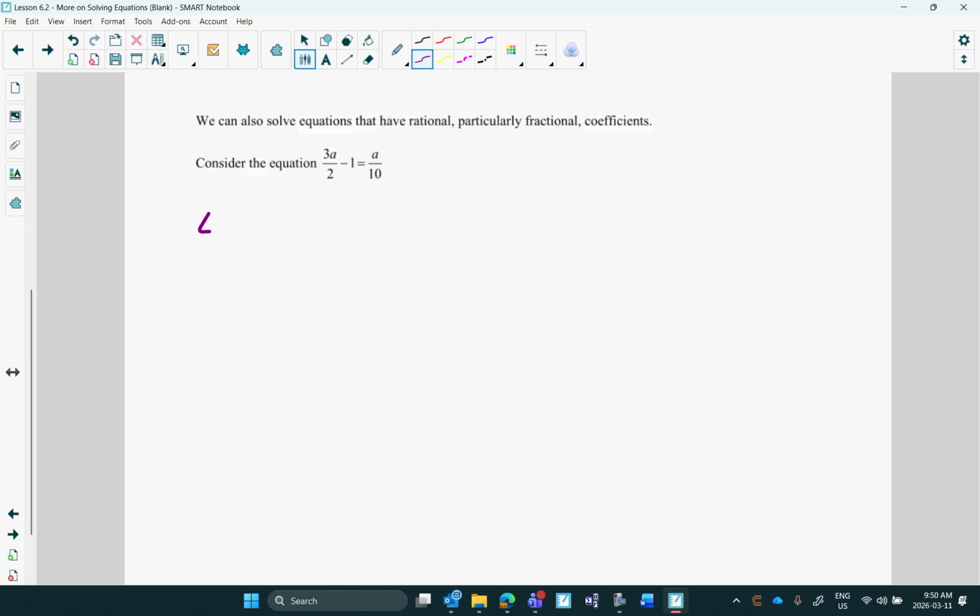So the lowest common denominator in this case is 10. I am going to multiply. Remember, whatever you do to one thing in an equation, you have to do it to everything.